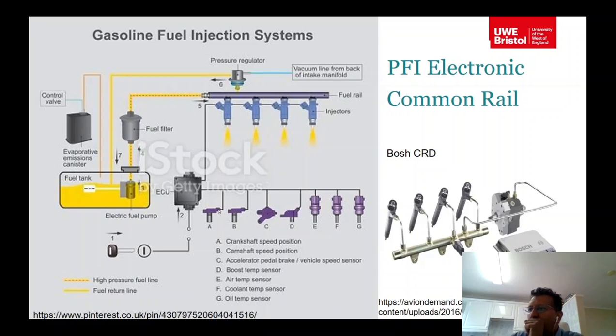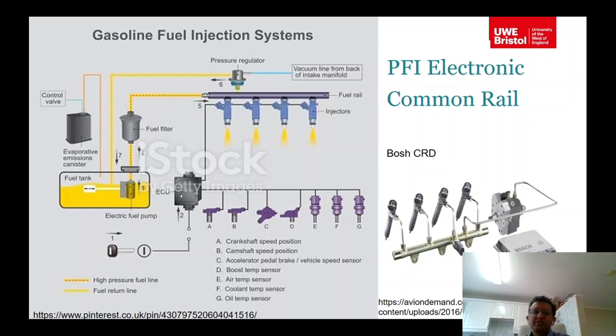And the ECU, the electronic control unit, controls the valves here basically, and the ECU will get signals from the crankshaft speed position sensor and camshaft speed position sensor, and throttle position, that's the accelerator pedal, and then there's a vehicle speed sensor as well, so it will tell about the vehicle speed, and then boost temperature sensor and air temperature sensor, coolant temperature sensor, and oil temperature sensor. So all these sensors feed signals into the ECU.